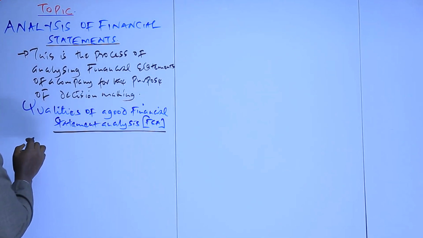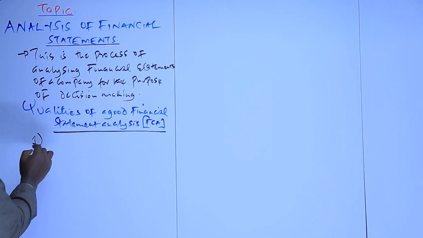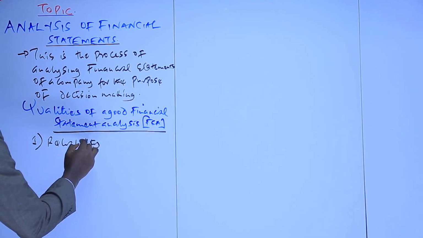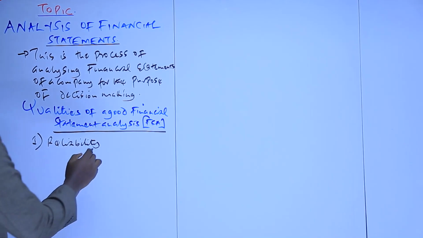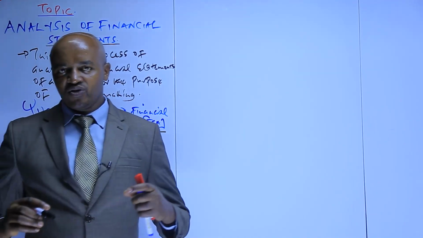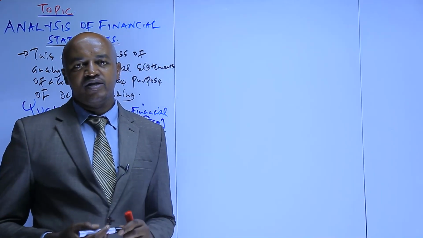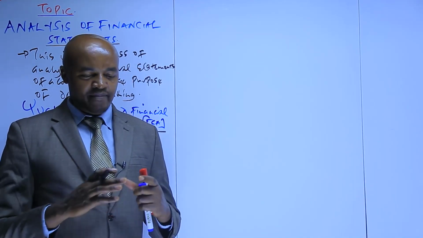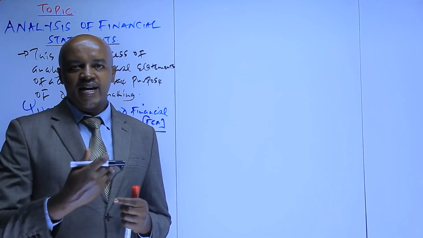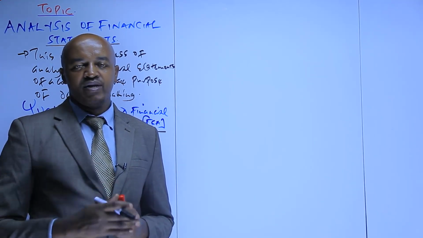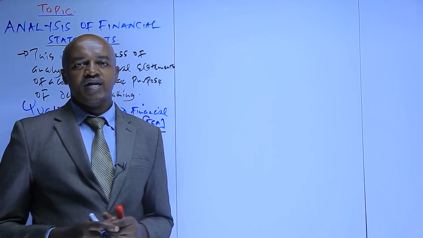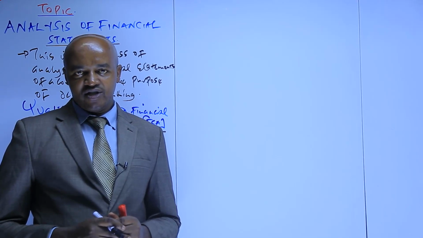Number one, we can talk of reliability. Basically this means that the information provided by a financial analyst, the person charged with the responsibility of analyzing financial statements, must be relied upon by the users, for them to be in a position to make a number of decisions.